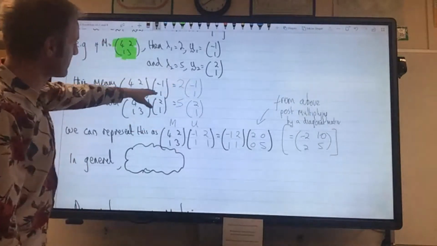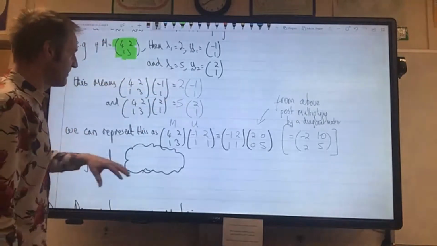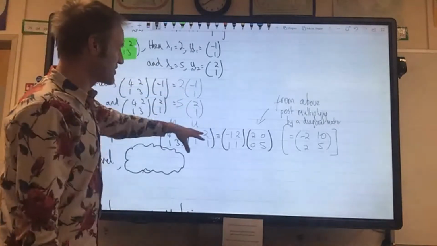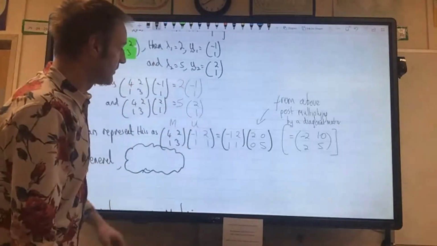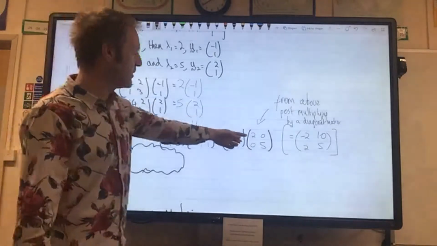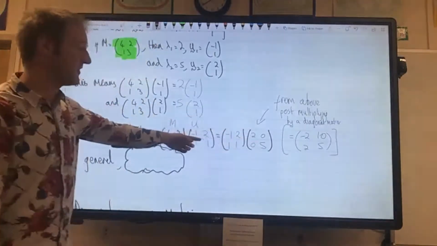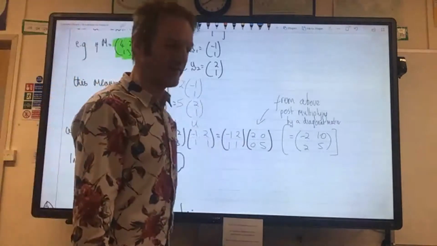Here I've said matrix times the vector is 5 times the vector. What I want to achieve is something similar: matrix times the matrix is some multiple of each column. If I had put the diagonal matrix in front, then I would be multiplying the rows by 2 and by 5.